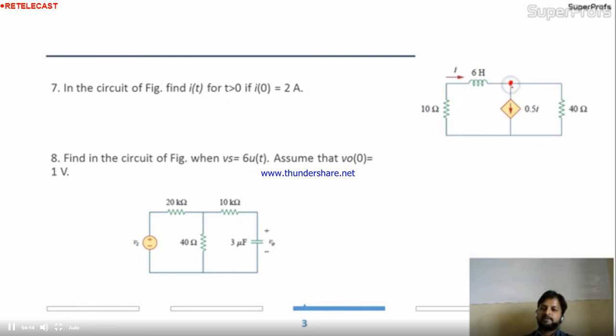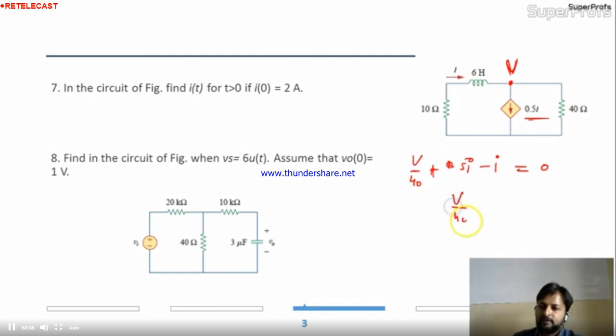Take the voltage as V. So V divided by 40. Current in this branch is 0.5 I. This is outgoing, that's why I'm taking the plus sign, and this minus I is coming in, equal to 0.